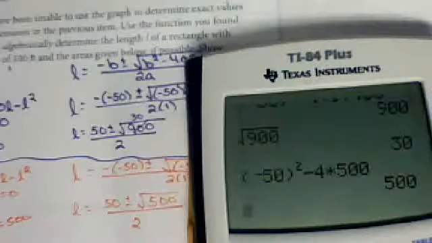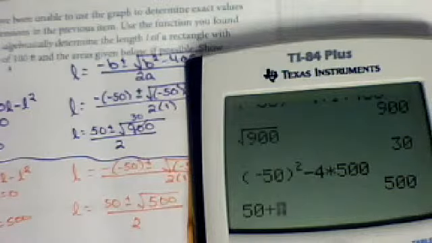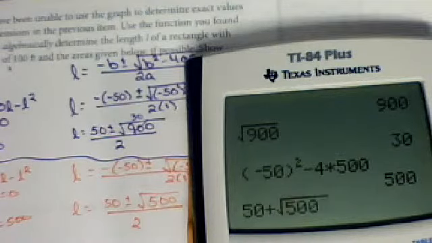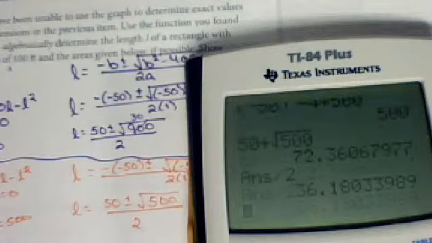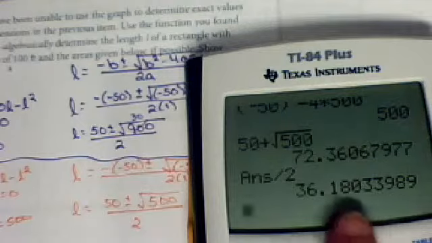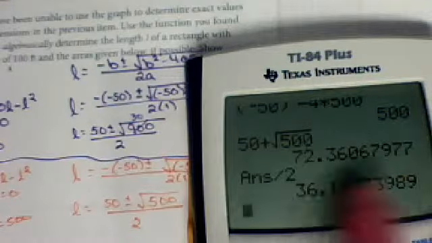So the first time through, I'm going to show you what I'm going to do here in the calculator. I'm going to take 50 plus the square root of 500, get that answer first, then divide by 2. So one of my answers is about 36.2.